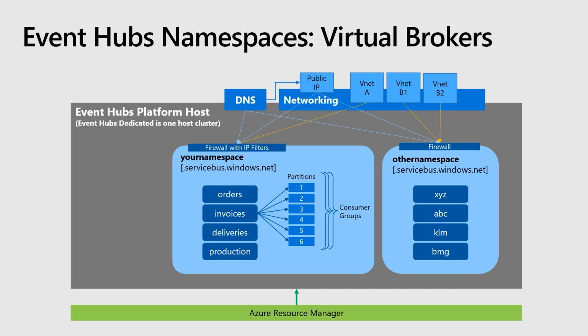Inside of that namespace, you can then create event hubs, and an event hub is equivalent to a Kafka topic. From the Kafka API perspective, it's exactly the same. That topic, or event hub, is then split into multiple partitions. Really, the event hub is just a bracket, a name for these partitions. The things you're interacting with as a sender, and also reading from, are these partitions.